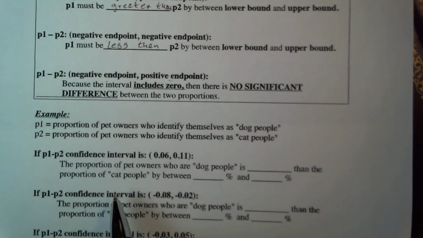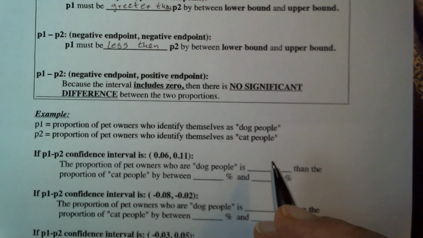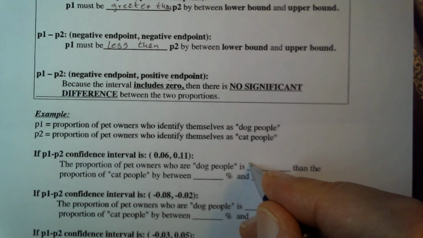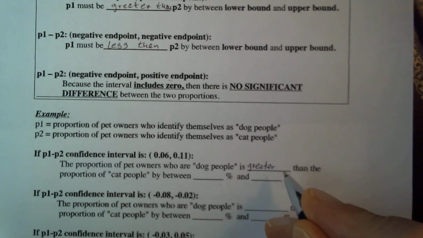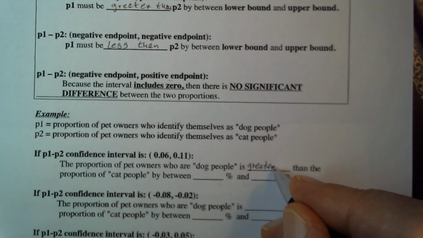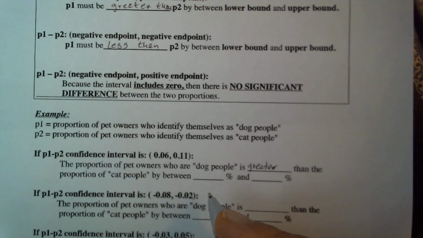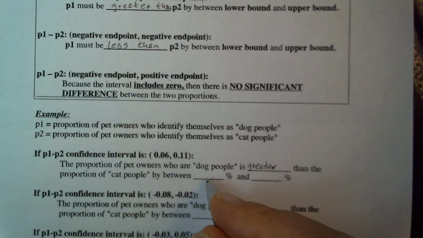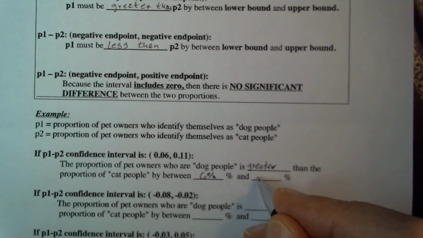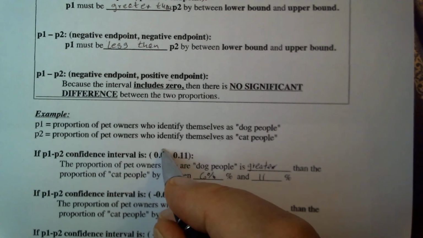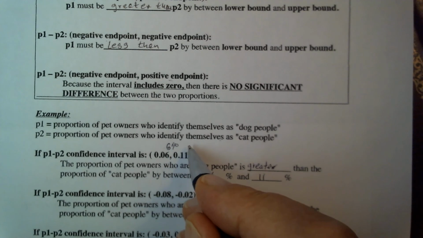So that means that the proportion of pet owners who are dog people is greater than the proportion of cat people by between 6% and 11%. Obviously that's 6% and this is 11%.